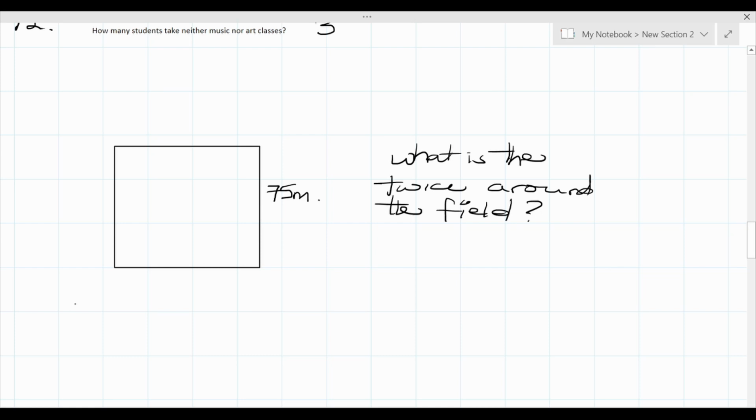All right, let me write the options here so you can follow. So answer A is 150 meters, right? B would be 300 meters, C 600 meters, and D 75 meters.